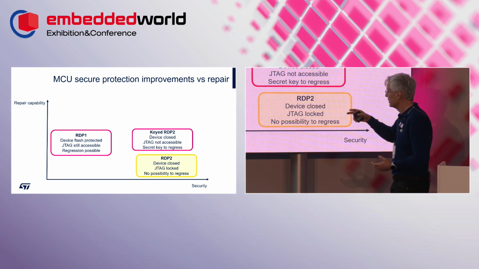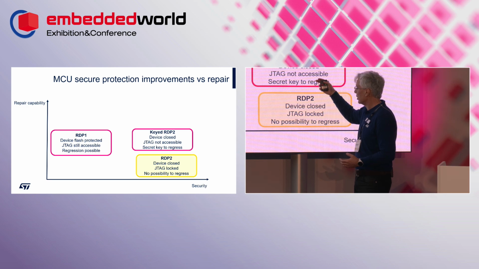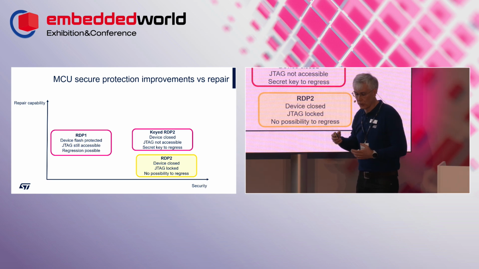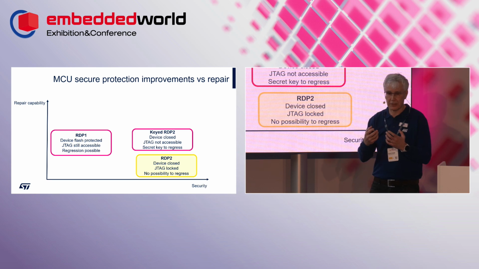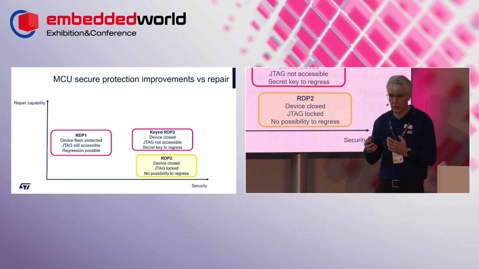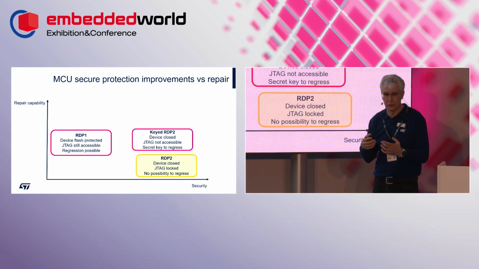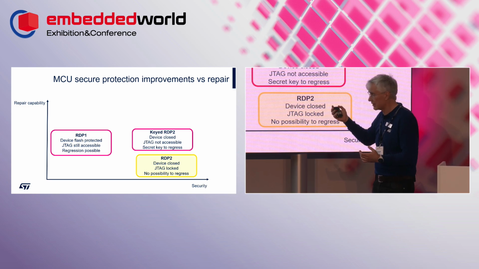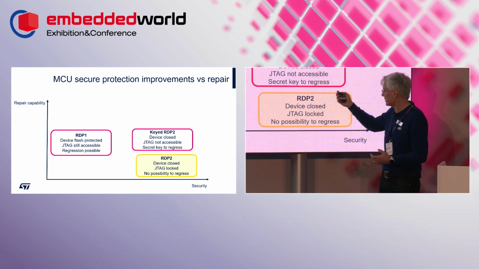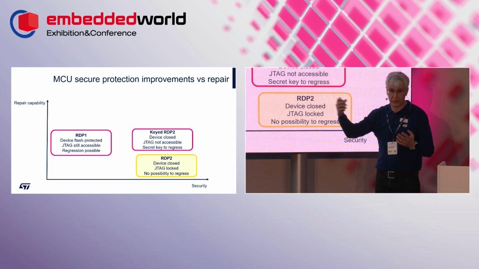Then we introduced a keyed RDP regression, meaning that you have the possibility on, for example, STM32U5 to add a secret key at production time and to reuse this key to reopen the device when it comes back for repair.